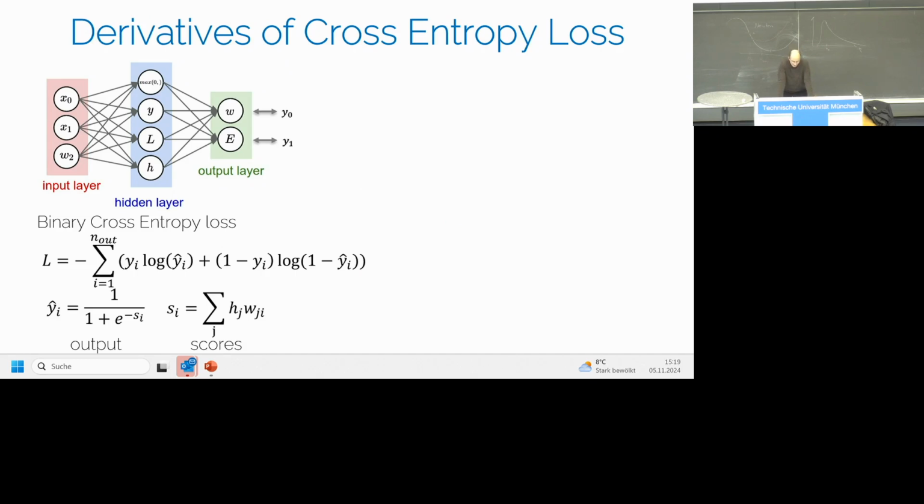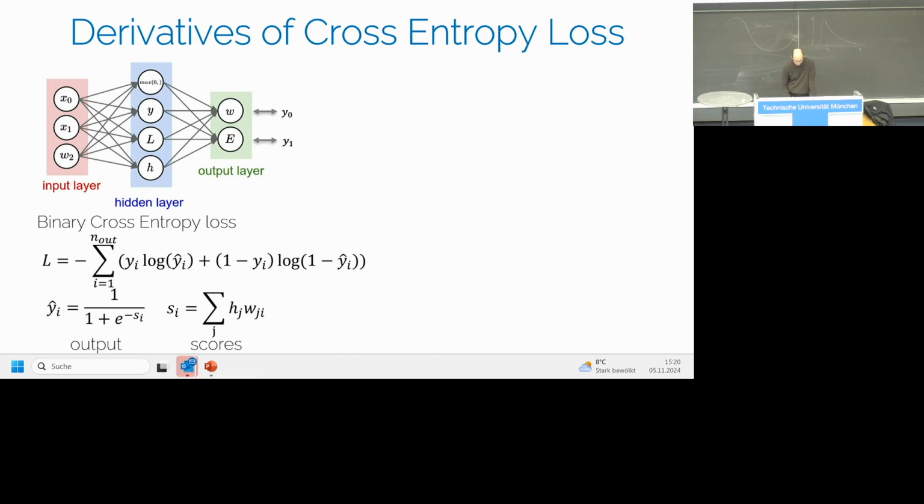You can do the same for the cross-entropy loss. We started with the mean square error loss because things are simple, but for the cross-entropy loss that we've seen for multi-class classification, this is it, right? So this is the binary cross-entropy loss, and we saw that you can generalize it to multiple classes as well.